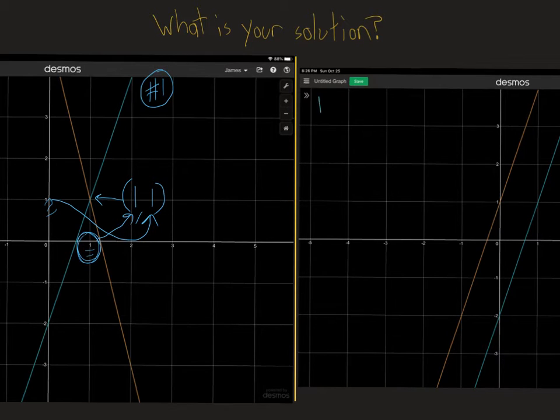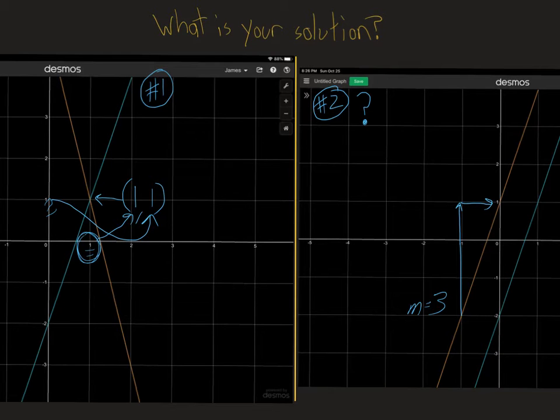What about number 2? What's our solution on system number 2? I don't know. Let's look a little closer. We see 1, 2, 3 up and over 1 is that first equation, which means it has a slope, m, of 3.